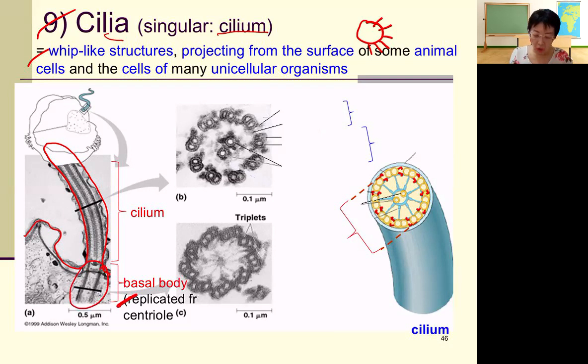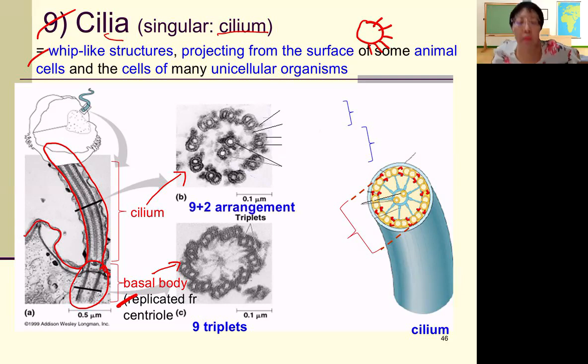So how do they look? The basal body looks like this, and the cilium inside looks like this. Can you see the arrangement of microtubules in both of them is different? One is the 9 triplets arrangement, the basal body, and the other one is the 9+2 arrangement.